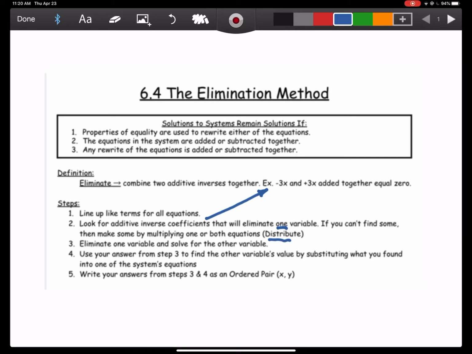Number 3, eliminate one variable and solve for the other variable. Number 4, use your answer from step 3 to find the other variable's value by substituting what you found into one of the system's equations. And number 5, write your answers from steps 3 and 4 as an ordered pair.